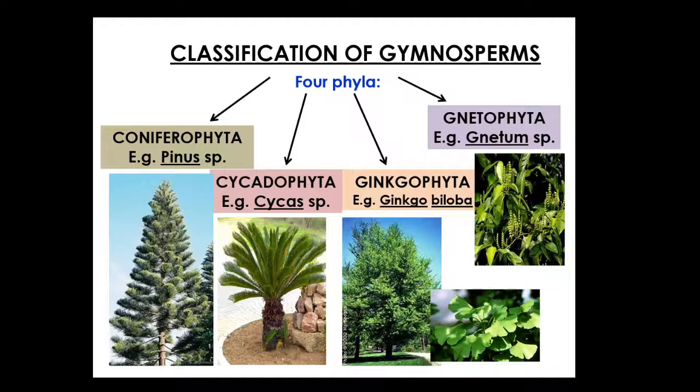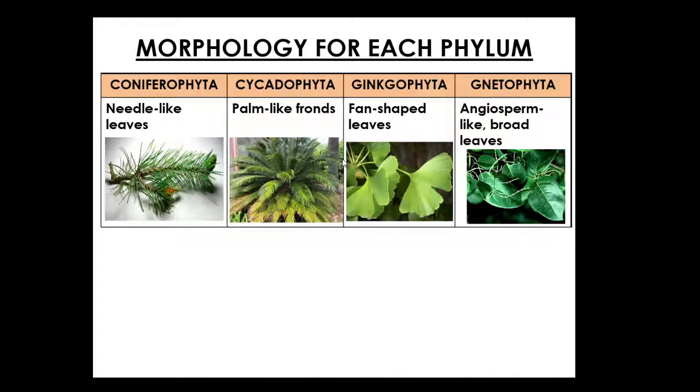So there are a lot of comparisons that we can do between them, and that is exactly what we're going to do next. We're going to compare the morphology for each of these phylum. So in Coniferophyta or conifers or pines, they will have needle-like leaves. For Cycadophyta, they will have palm-like fronds. So the leaves look like coconut tree leaves.